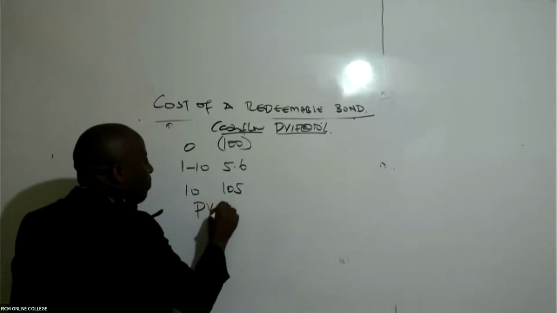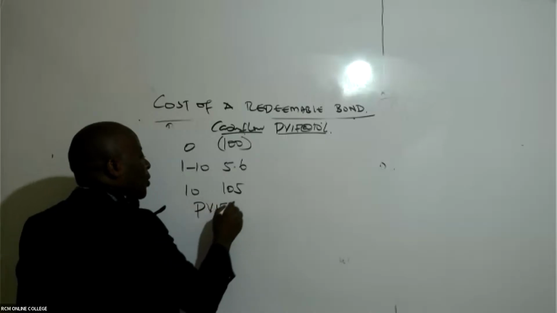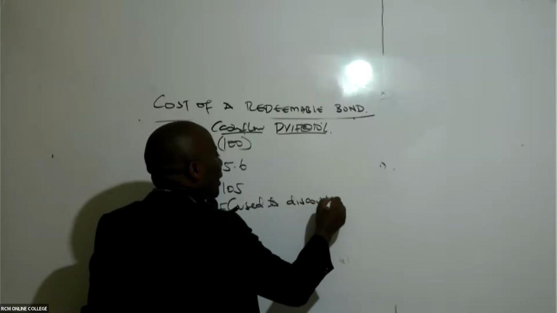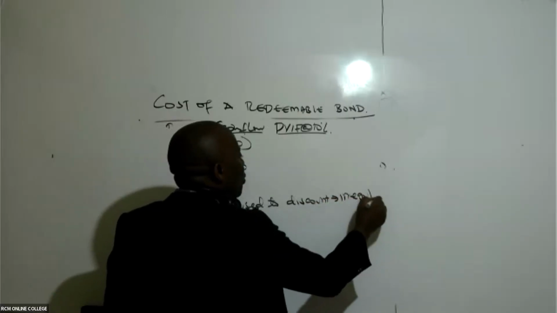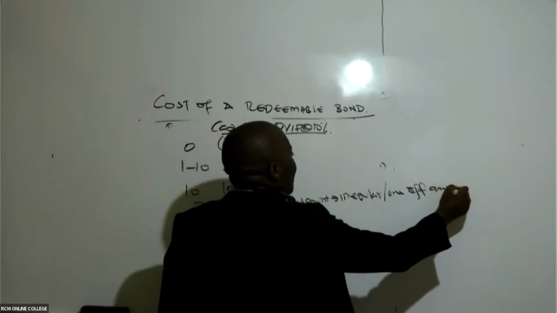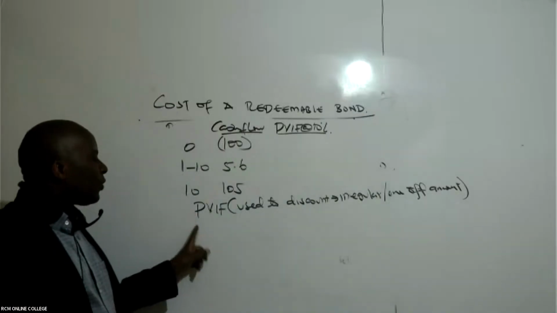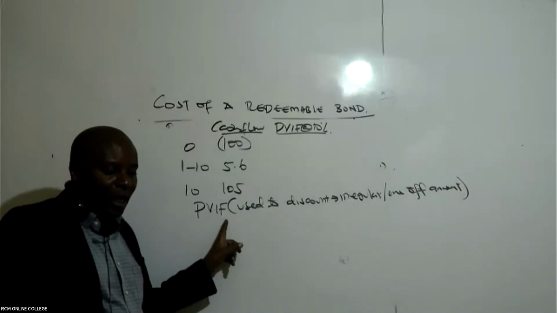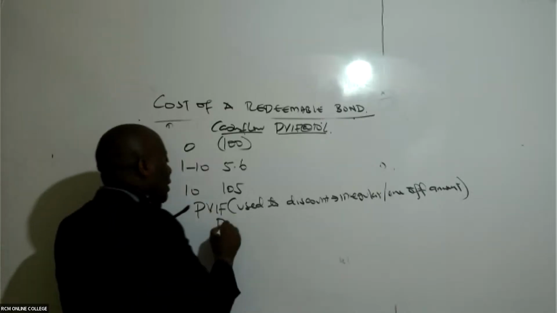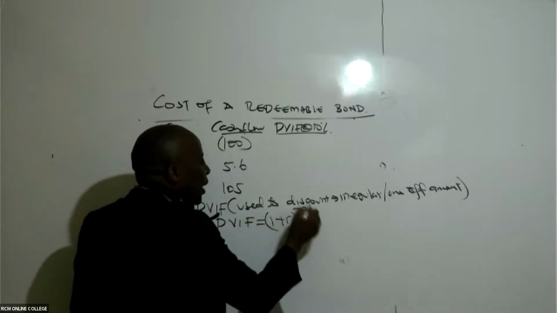We have what we call PVIF, the one that we use to discount irregular or one-off amounts. PVIF stands for present value interest factor, and to get this PVIF we use 1 plus R raised to negative N.